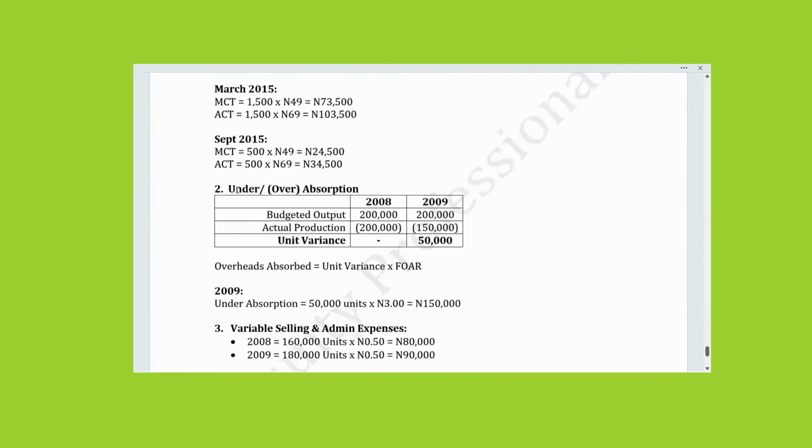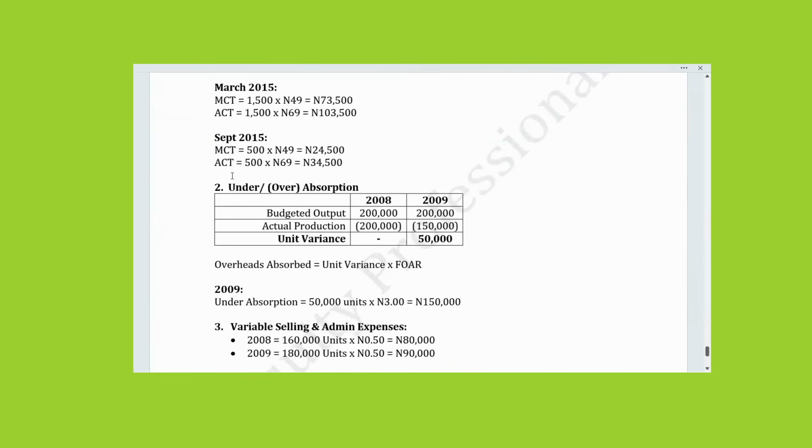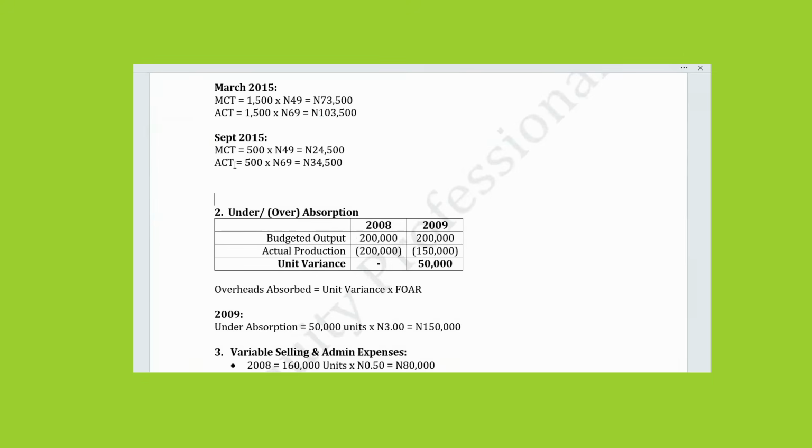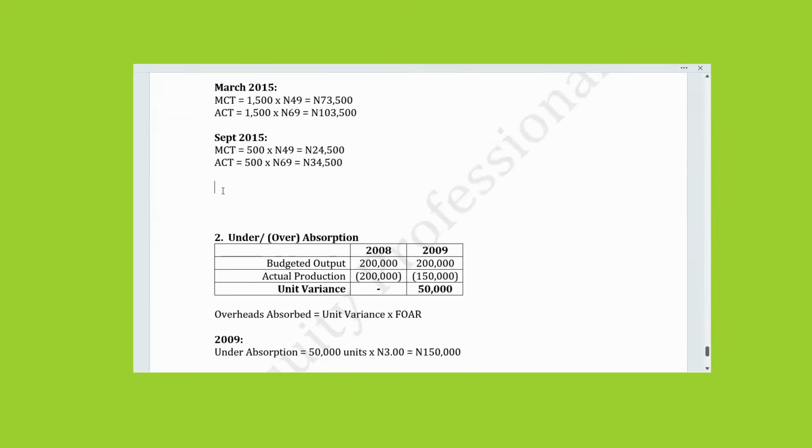Working number 2 now. All right. Working number 2. We want to determine fixed production overhead, FPO.